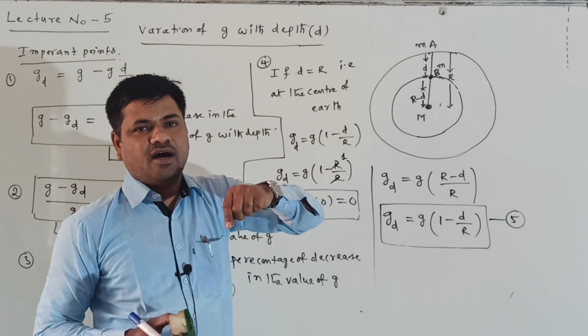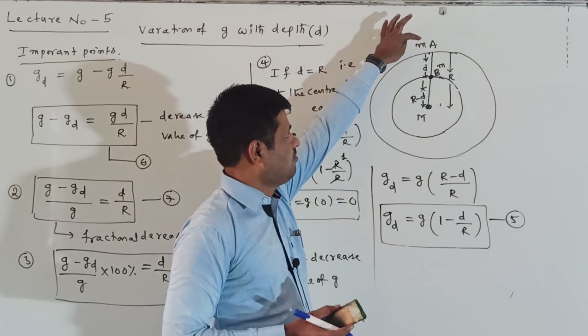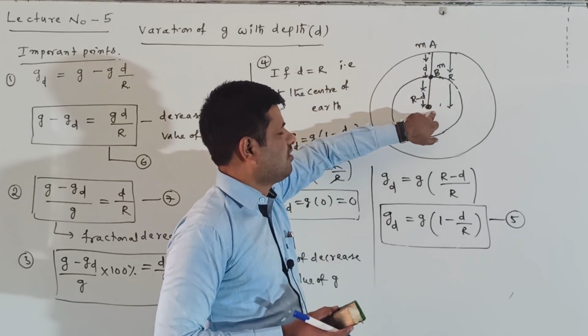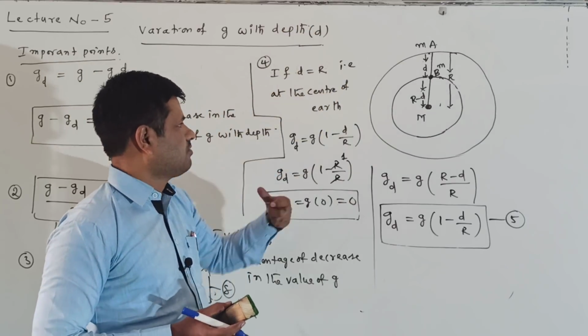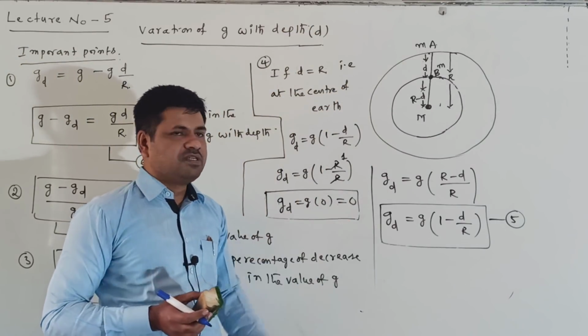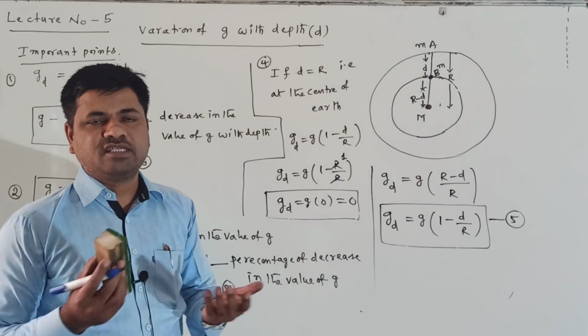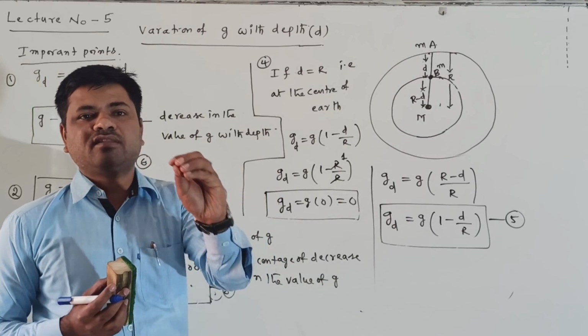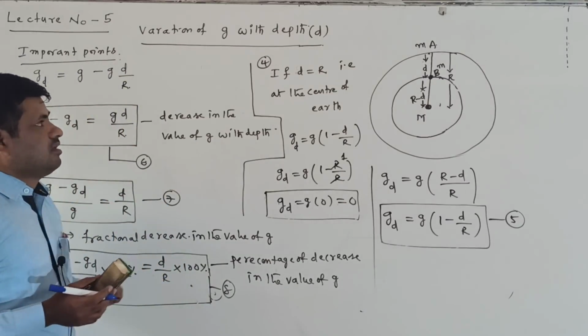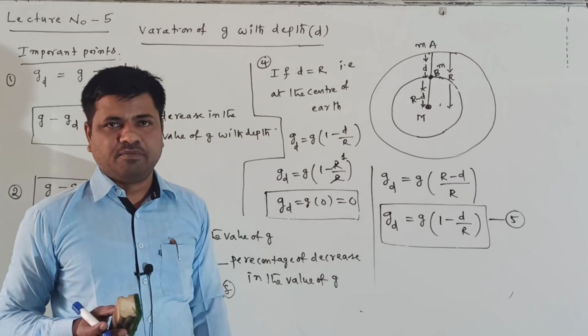When the body is taken from the surface of the earth to the center of the earth, the d value becomes r, and the gd value becomes 0. That is the meaning of this. At the center of the earth, the acceleration due to gravity is equal to 0. This is the total discussion about the variation of g with depth.